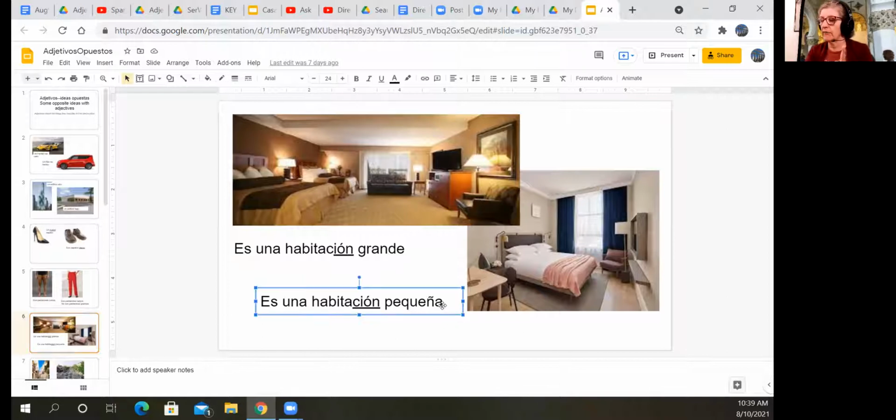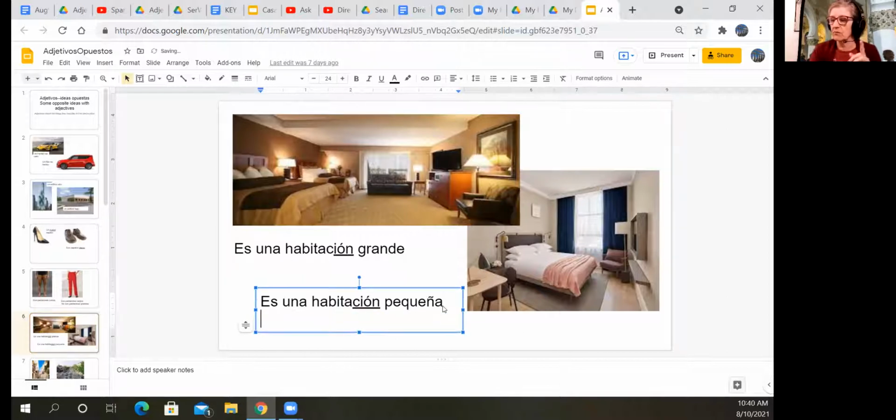Cuidado. I want you to beware of one little thing with this term small, because this is something I hear from people. They hear that word poco. Poco does not mean small. They say, wait, Marilyn, yes, it does. No, poco means a little bit. It means a small amount. So if I want to say, oh, I just have a little bit of coffee left, tengo poco café.